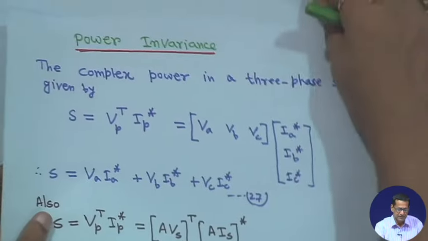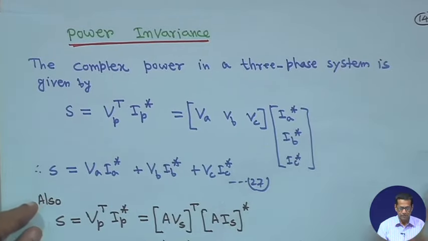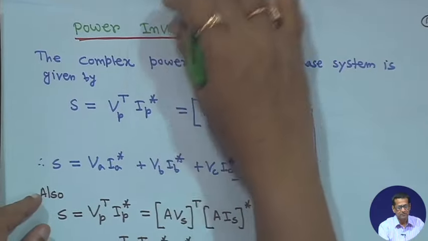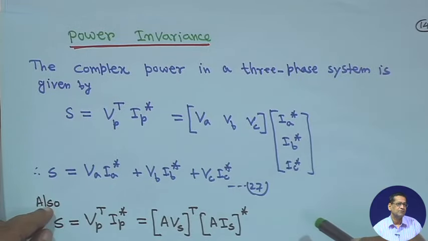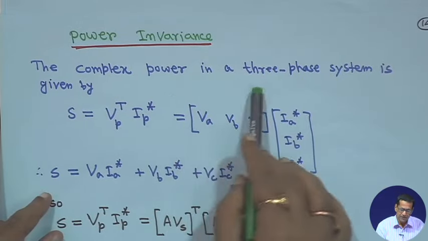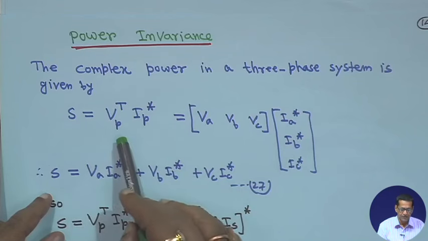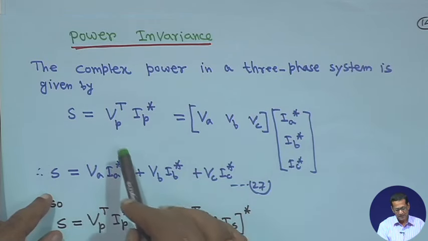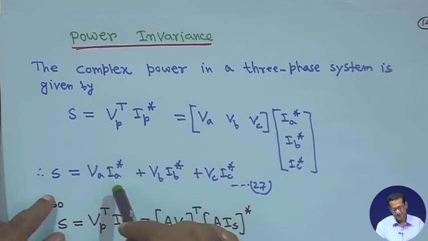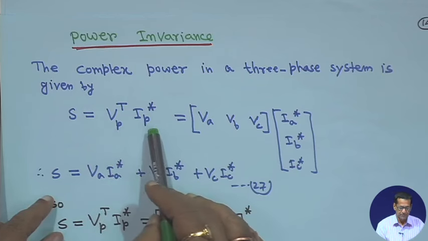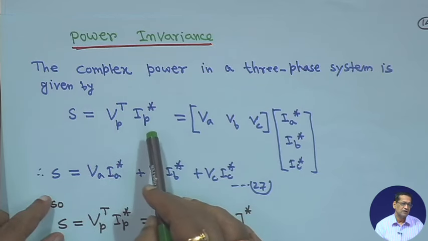Next is power invariance. We have to show that the power equation, the original one and the transformed one, both match. The complex power in a 3-phase system, as we have already seen, is in general S equal to V transpose I conjugate.